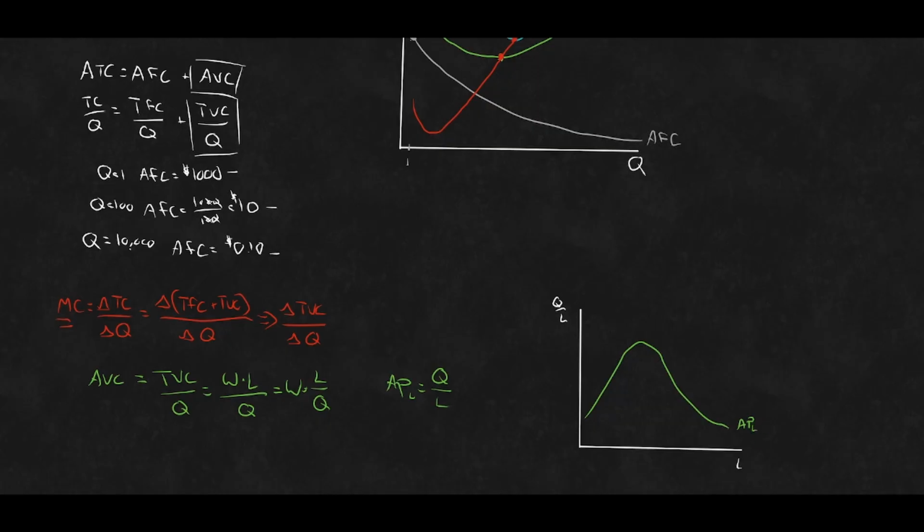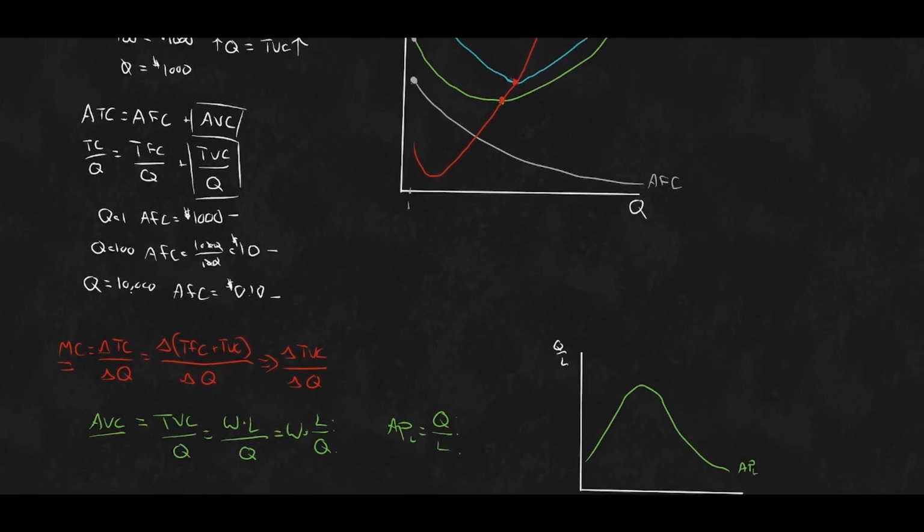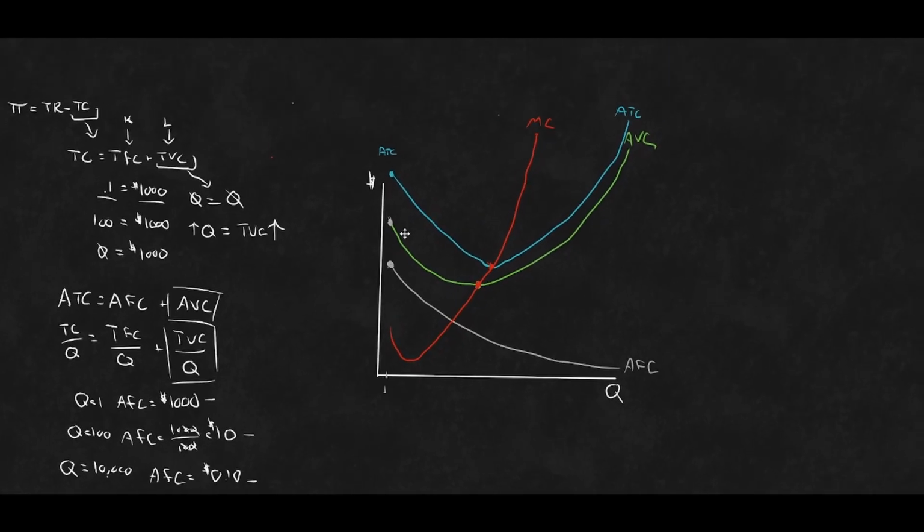Our average variable cost is just the wage times the inverse, L over Q. Our average product of labor is just output per worker. Our average product of labor curve looks, I don't know, like a little hill, where the resulting impact is that our average variable cost curve looks like a U, an inverted hill.